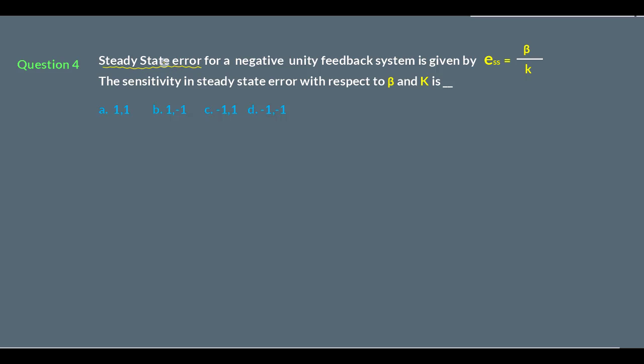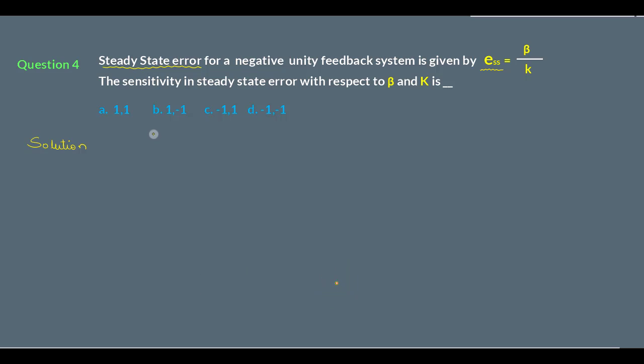Now we are just discussing the basics of control system. We have a complete chapter on steady state error. So we'll discuss steady state error in that chapter. Steady state error is represented by ESS. So let us find the solution for this simple question.